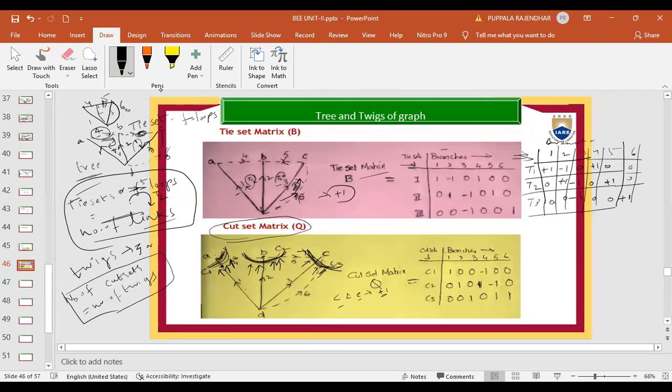Now, cut set 1 to element 1. I'm writing the matrix here: cut set 1, cut set 2, cut set 3, and elements 1, 2, 3, 4, 5, 6.